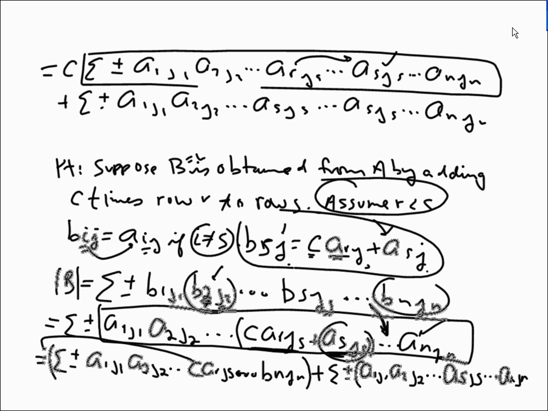Now, what I want to say, and this is what's confusing me, is that this second sum is 0 because it has two rows that are exactly the same. The JS column, those are the same.